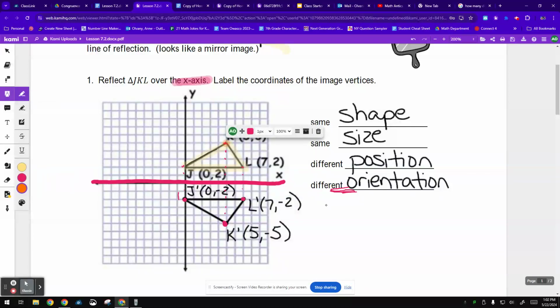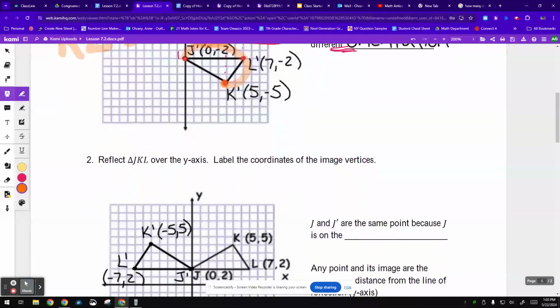If I start at K and go K to J to L, then on the other, if I start at K and still go in this direction, it's going to be K, L, J. So you just have to decide, either both go clockwise or both go counterclockwise, okay? All right, so that's reflection.